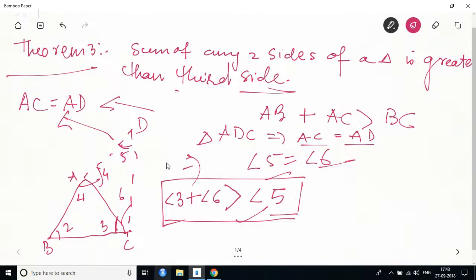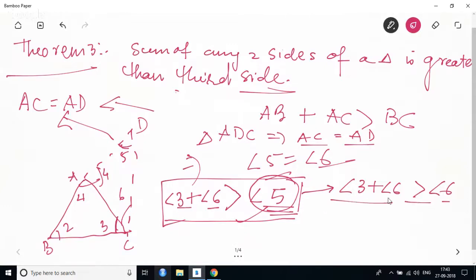So what happens is, look at this angle 5. What I'm trying to say is that angle 3 plus 6 is greater than angle 6. As simple as that. This is just saying that angle 3 plus 6 is greater than angle 6. And why am I doing it? Let me discuss the concept first. Leave the question altogether. I have to bring some kind of inequality.